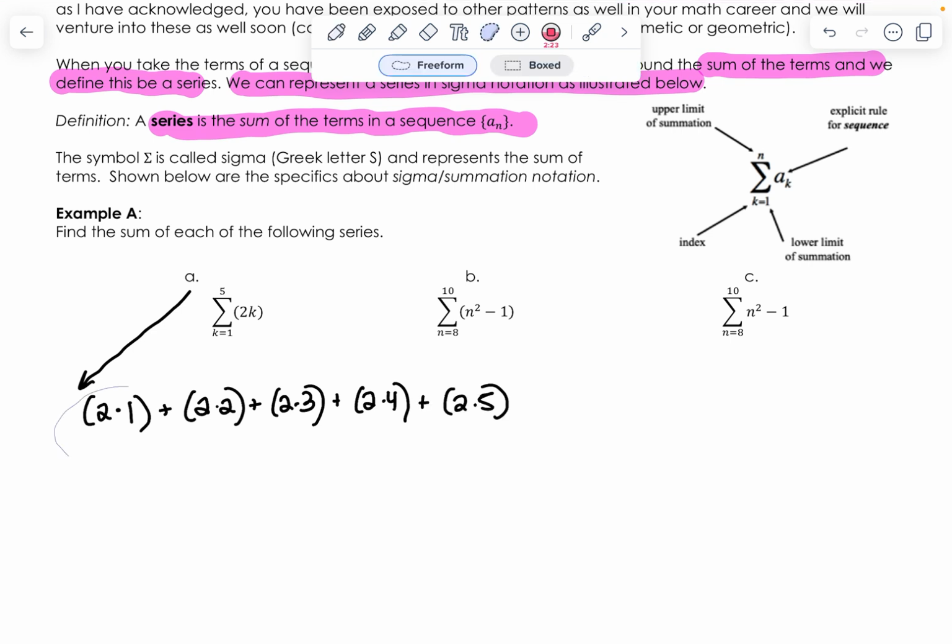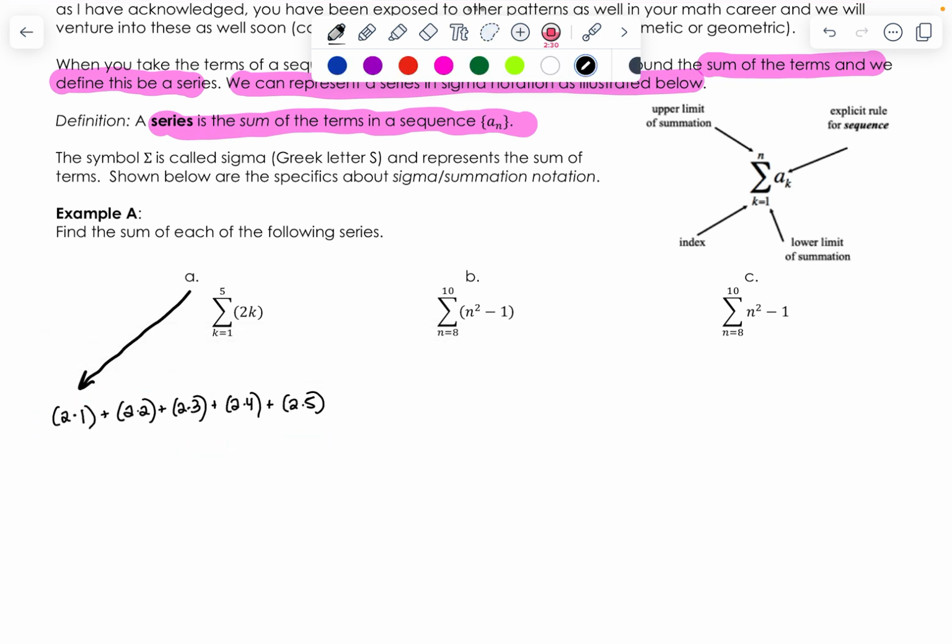I write so large, let me shrink this so I can do the other work. Okay, so then you can easily do this by hand. That's 2 plus 4 plus 6 plus 8 plus 10, and that gets you 30.